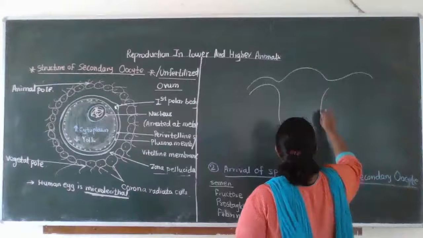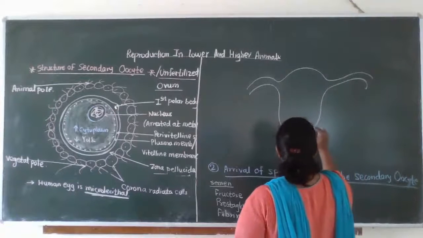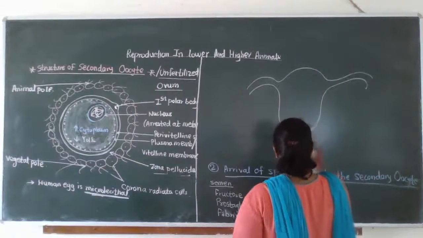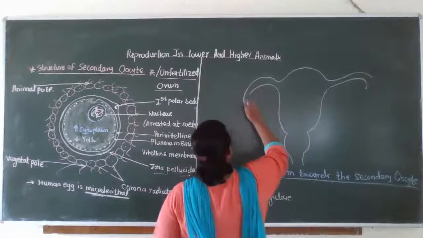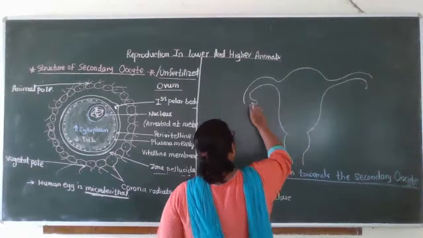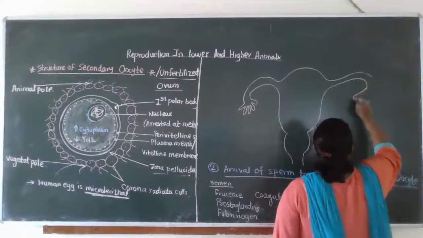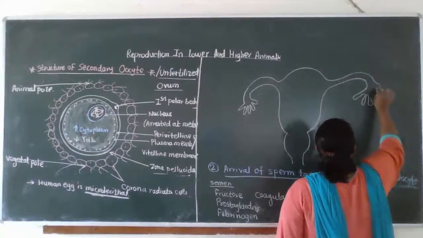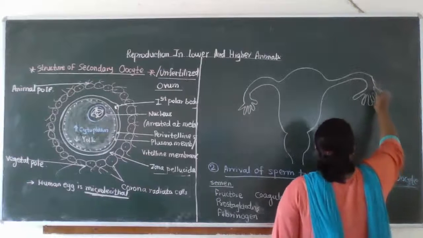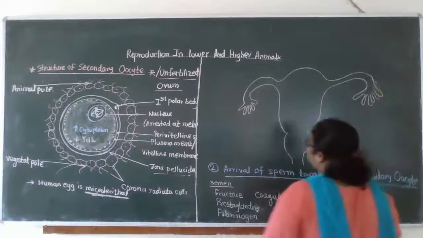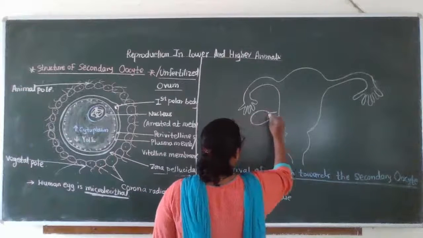Here is the uterus, and these are the fallopian tubes. I'm roughly drawing the diagram.